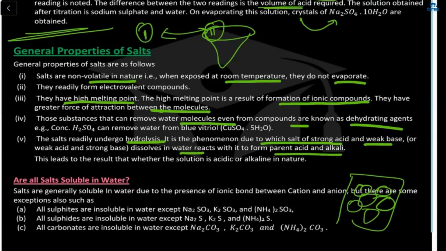So a salt of a strong acid, we already covered that part, strong acid, weak acid, strong bases, all dissolves in water which will react into an acid and alkali.